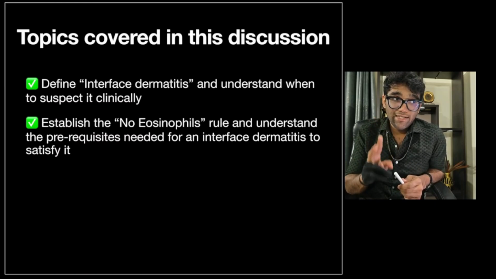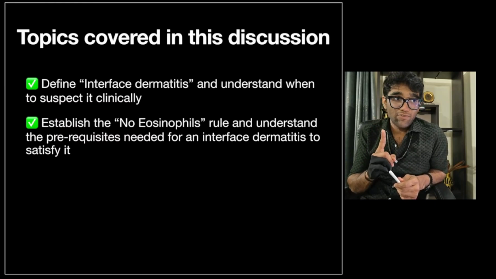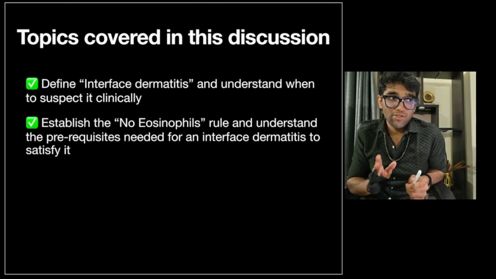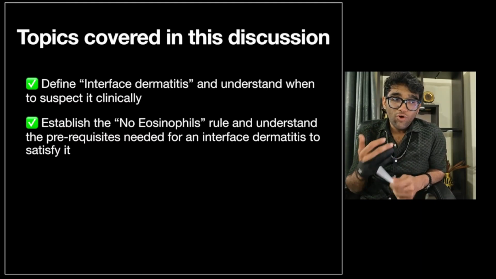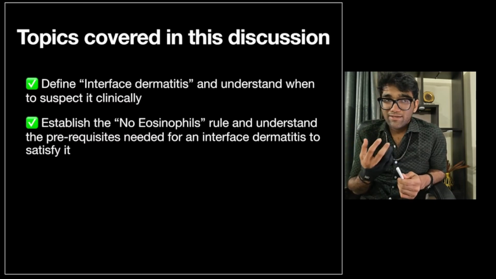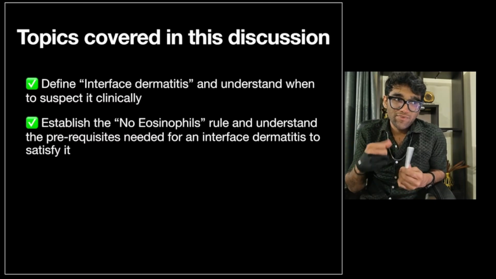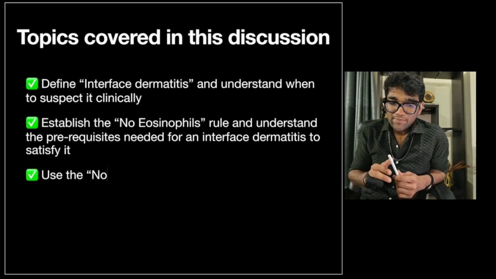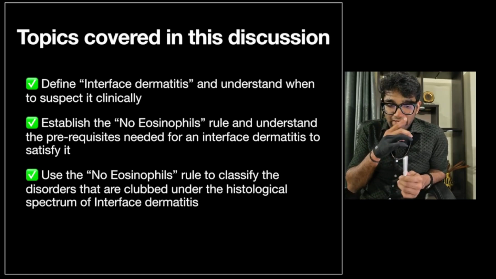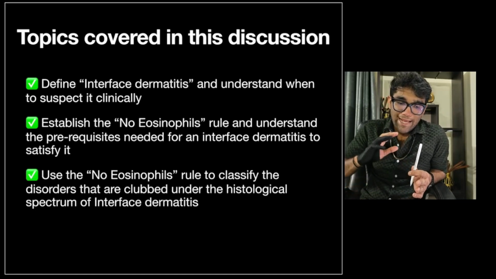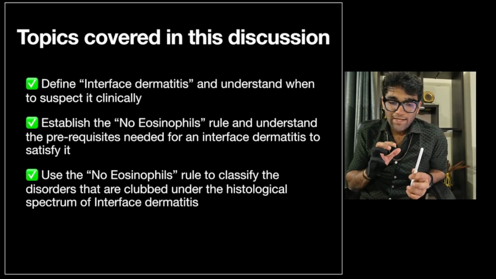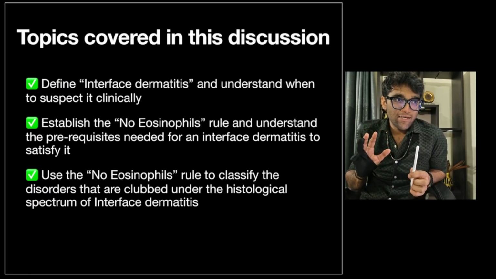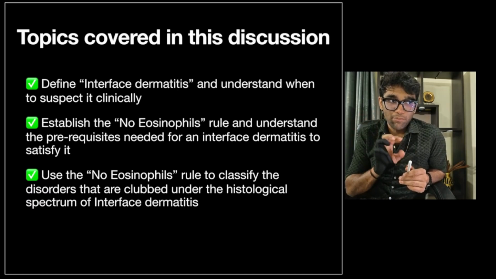Therefore, it can be due to local type 1 interferon production or type 2 interferon production, but in neither case should the process be too florid or too damaging, because if it damages the skin, then the no eosinophil rule breaks down. I have then used the no eosinophils rule to classify these disorders that are clubbed in dermatopathology under the heading of interface dermatitis into 4 separate subgroups.